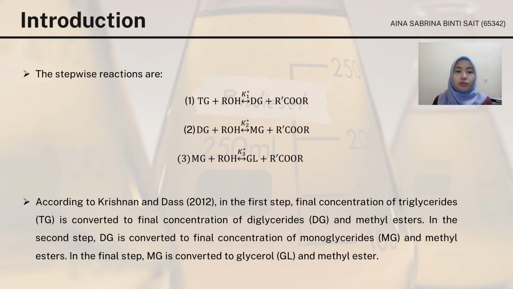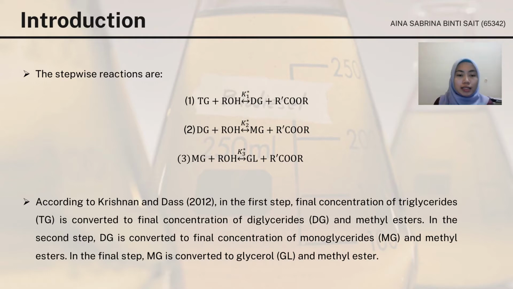First, triglyceride (TG) reacts with an alcohol to produce diglyceride and alkyl ester. Second, diglyceride (DG) reacts with an alcohol to produce monoglyceride and alkyl ester. The final step is monoglyceride (MG) reacting with an alcohol to produce glycerol and alkyl ester.